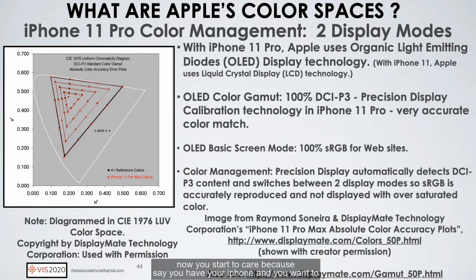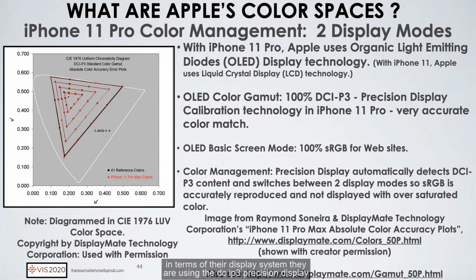Now you start to care because say you have your iPhone and you want to understand your color management system. The first thing is, if you have an iPhone 11, you have what is called a liquid crystal display system. Whereas if you have an iPhone 11 Pro, you have an organic light emitting diode system. You have richer color with the Pro than you do with the regular.